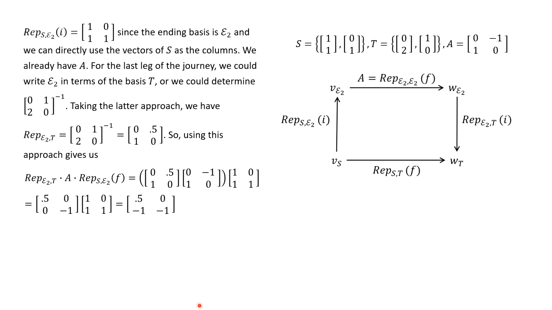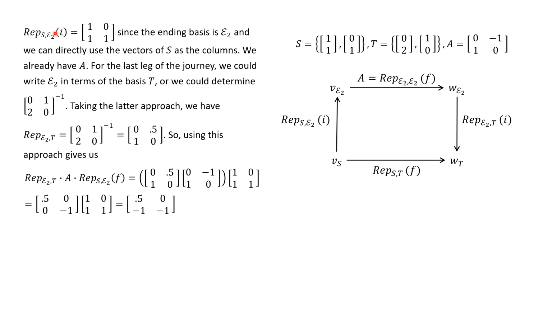So on this slide, we're going to take the longer approach, which I'm pointing to here. And I also copied the two bases and the matrix A, so we have that to refer to. All right, so first going this way here, what you need to do is evaluate I for each one of these, and then write it in terms of the basis E2.